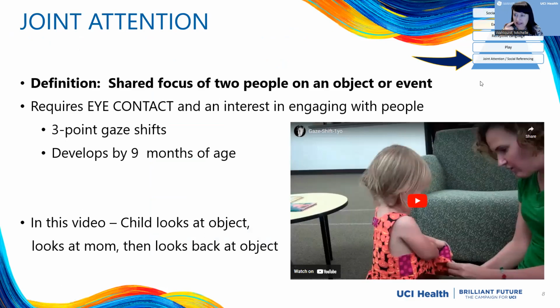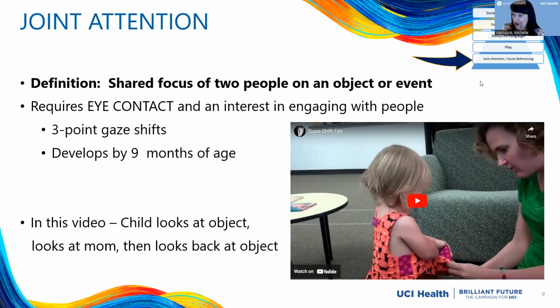So joint attention is basically the use of eye contact. If I am a child and I find something really interesting, let's say I find this really cool pen, and I want to make sure that my parents also see this very cool pen.